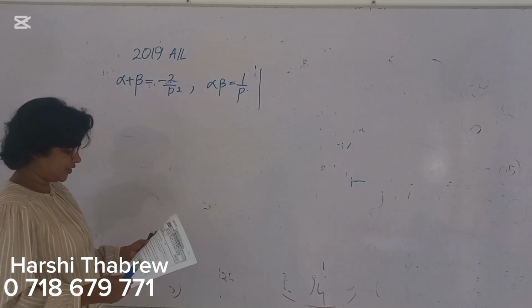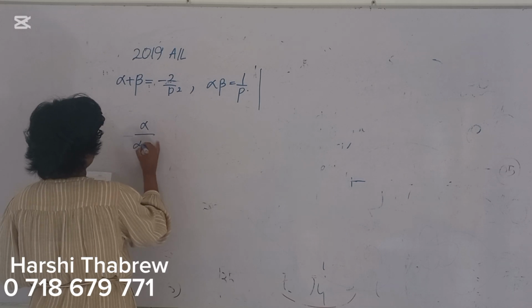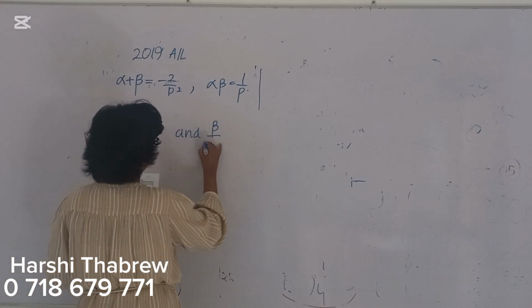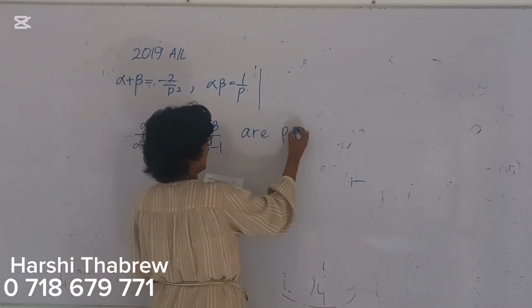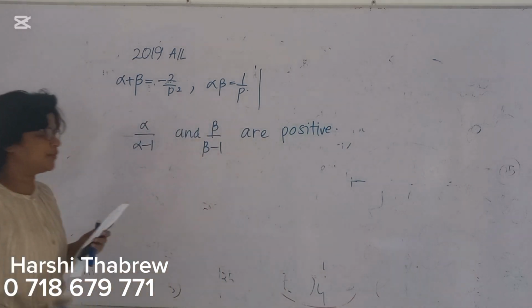And that both of these roots are positive. That means alpha over alpha minus 1 and beta over beta minus 1 are positive. You have to show that. But how do you do it?